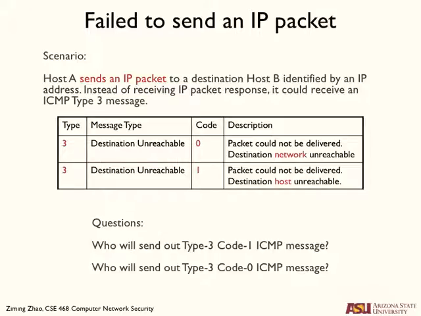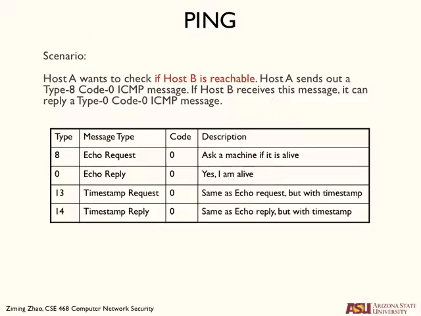Is it one ICMP message for one failed IP delivery, like one packet for one packet? Yes. So all the routers before the last one could send out this message. Somehow this package is delivered to them, but they find out they have no knowledge to forward it, so they send this back to the host saying they don't know how to reach the destination network.